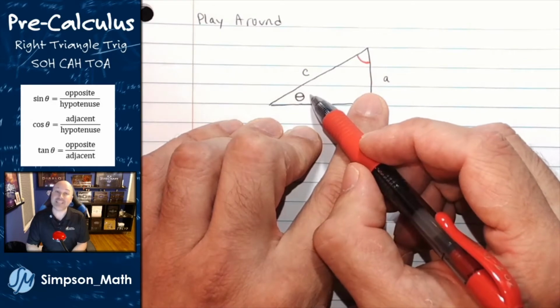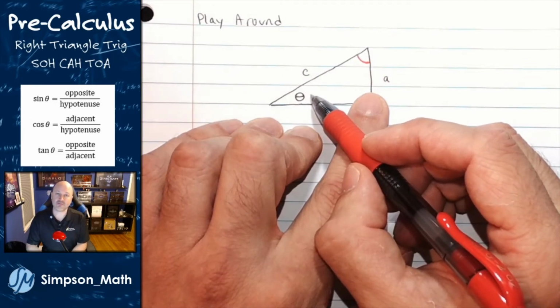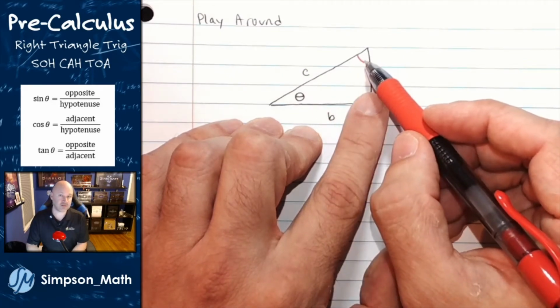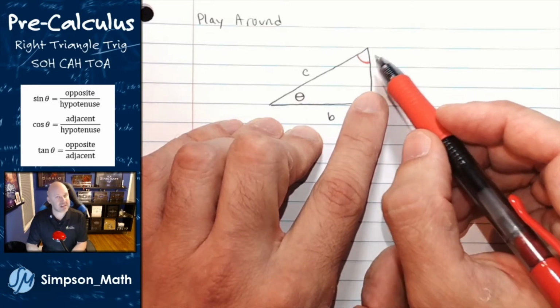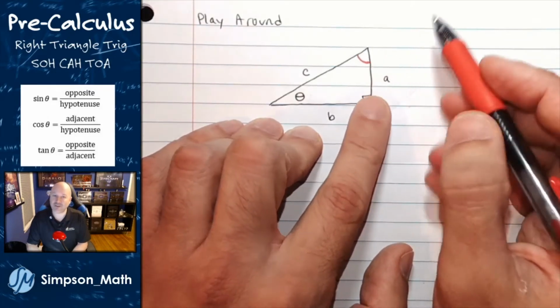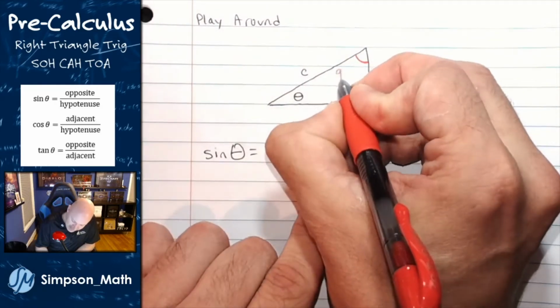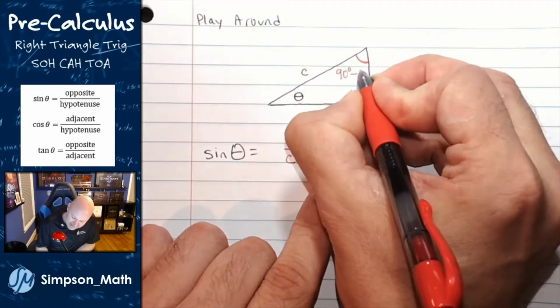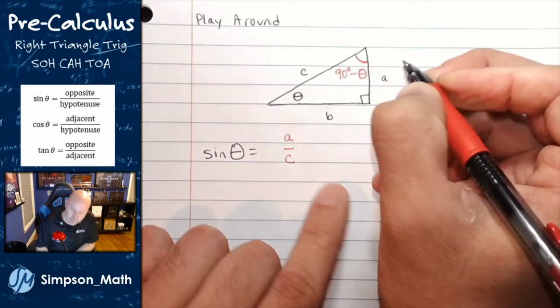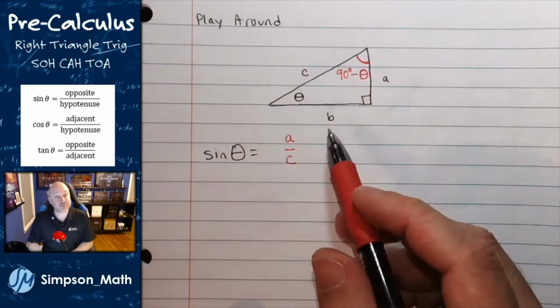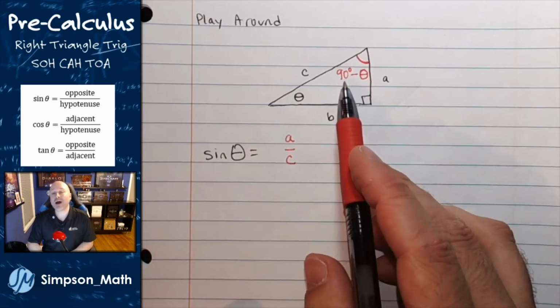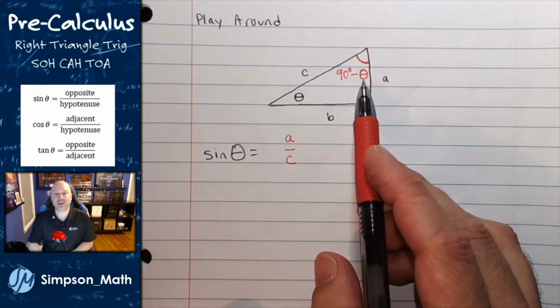If theta is 15 degrees, then the red angle is 90 minus 15, 75 degrees. So I'm going to call this red angle 90 degrees minus theta. Or because this is trigonometry, you may want to call that pi halves minus theta.